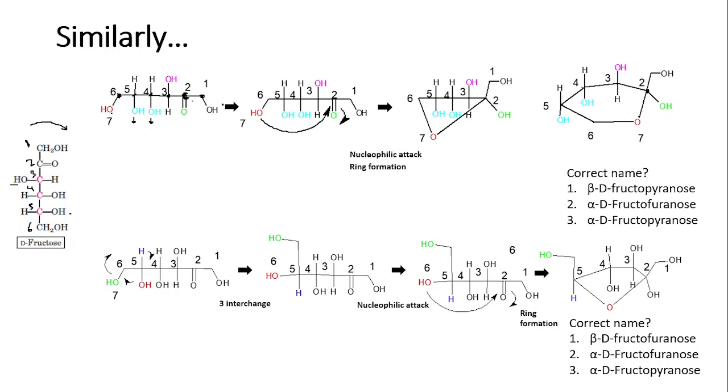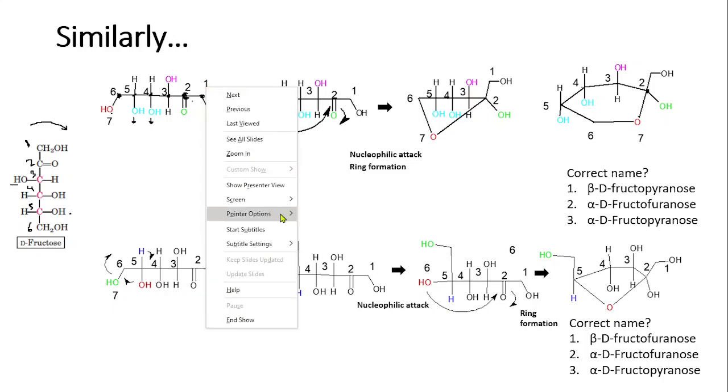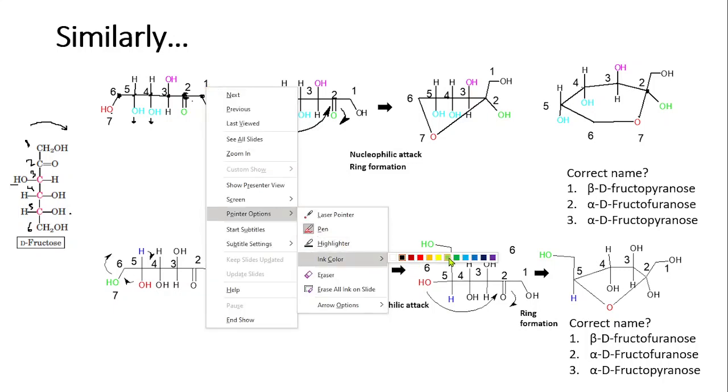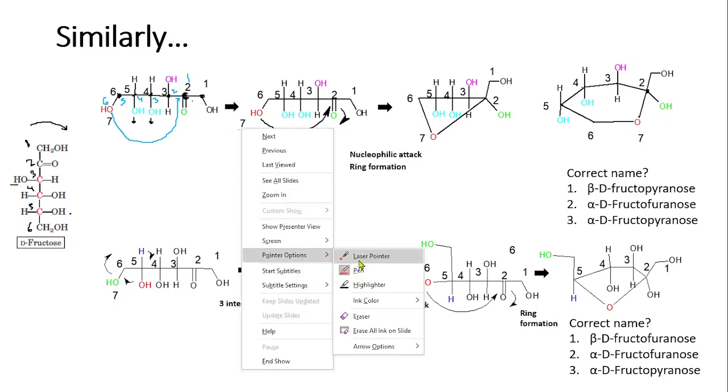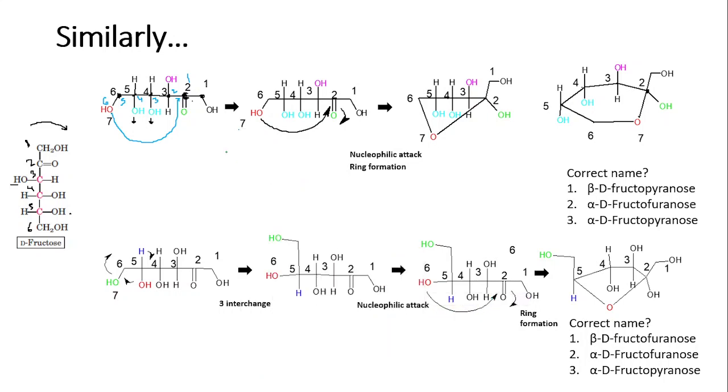So this is one way of doing it. Let's use a different color to look at the possibility. This is 1, this carbon 2, 3, 4, 5 and 6. This is one possibility of forming a 6-membered ring, where you just connect it here. Let's see if there is any other possibility. Let's use a green color.